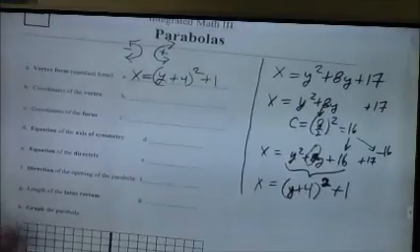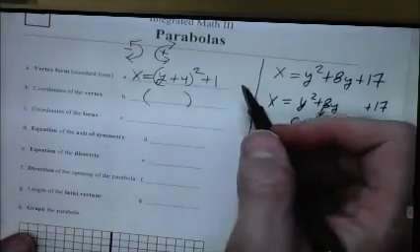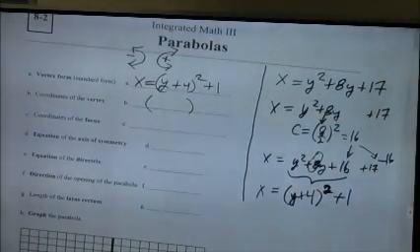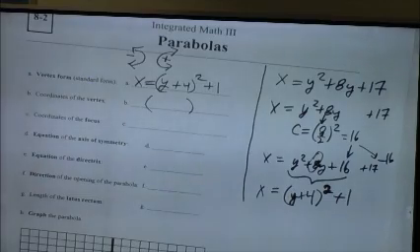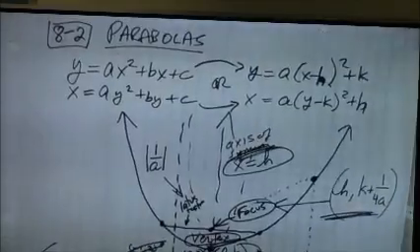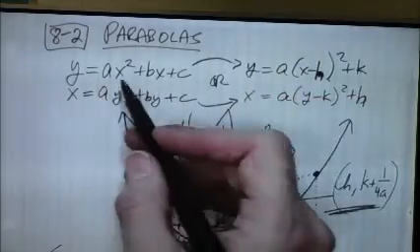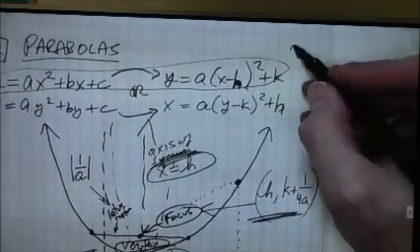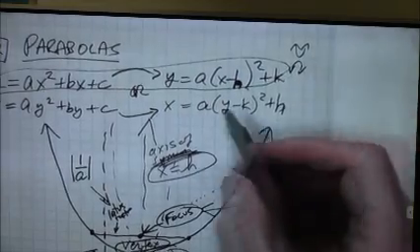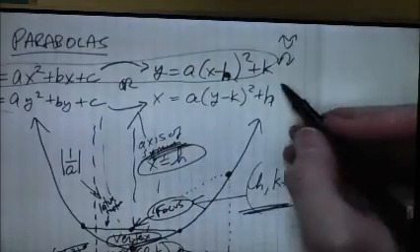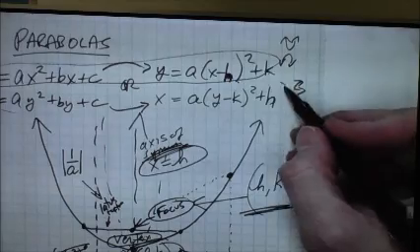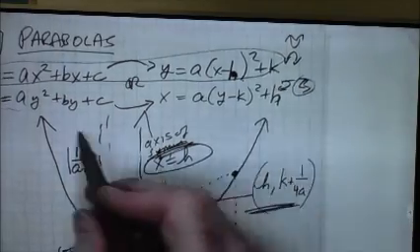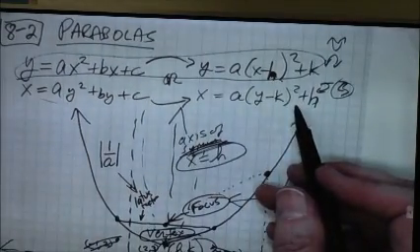Okay. Coordinates of the vertex. Remember when I wrote at the beginning, I gave you these four formulas. These two are for ones that go up or go down. And then these other two are for the ones that go right or left. That's what this is, so we're going to look at these.